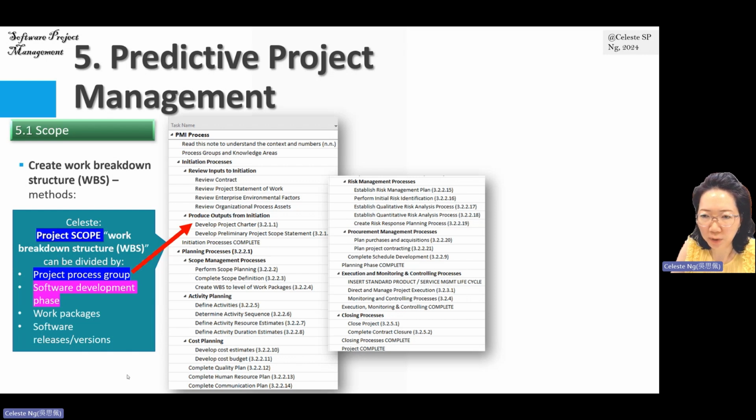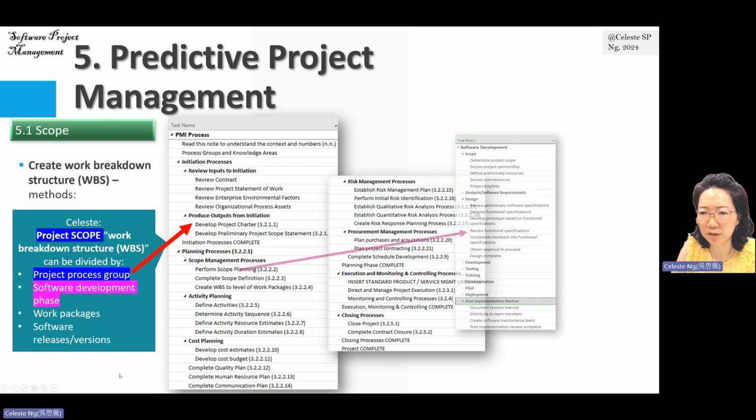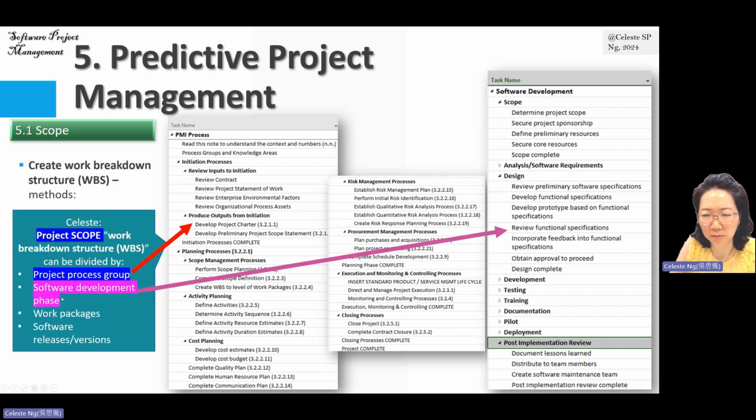And then we can also use another method to break down our project scope. The second method is by using our software development phases. What are the typical software development phases that you know? Well, I'm sure you know it, right?